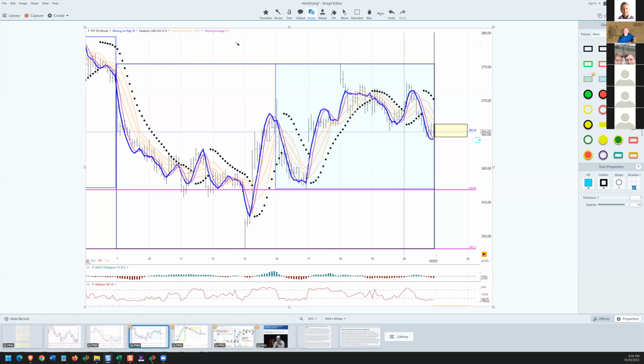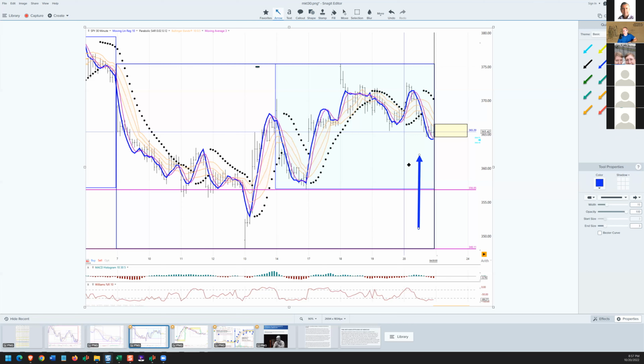Why aren't you letting me draw? It's not letting me draw. Okay, fine. All right, what we have here was a little bit of a gap up and then an immediate rollover in the S&P. Very tradable move.